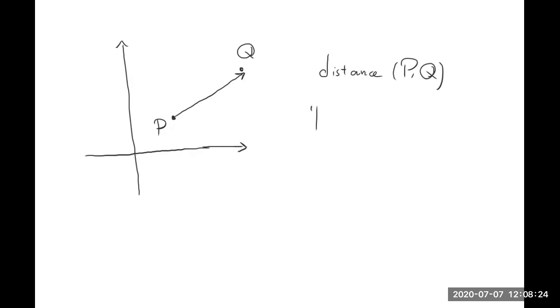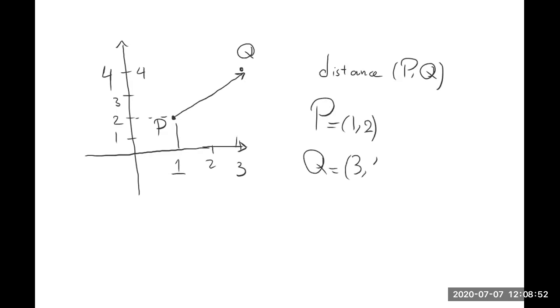So, for example, let's say P is 1 and 2, and Q is 3 and 4, right? I want to see what is the distance between P and Q. One way to do it is by defining D to be the distance. It's equal to radical.